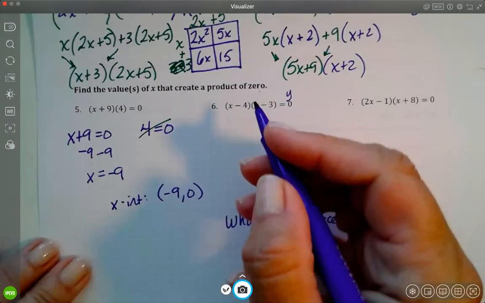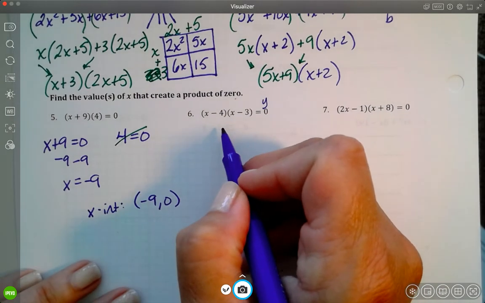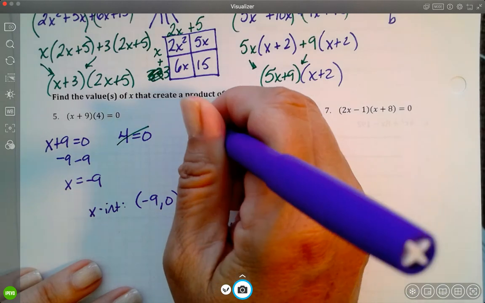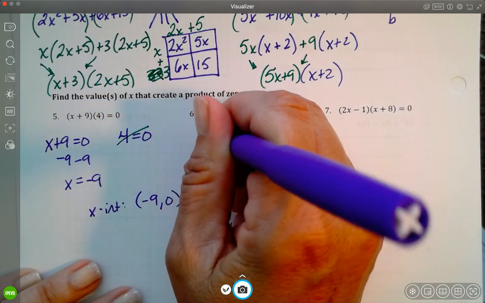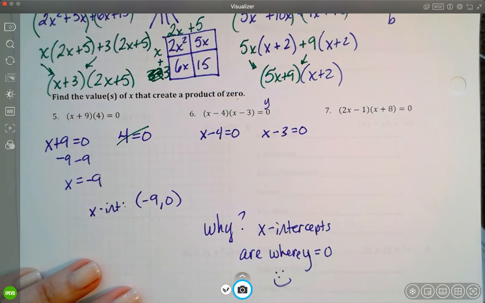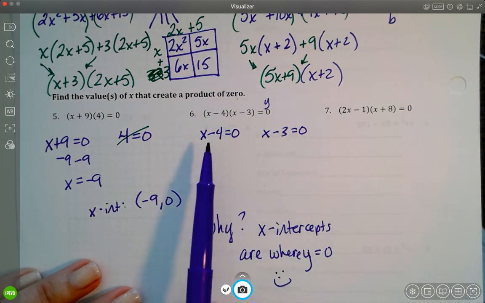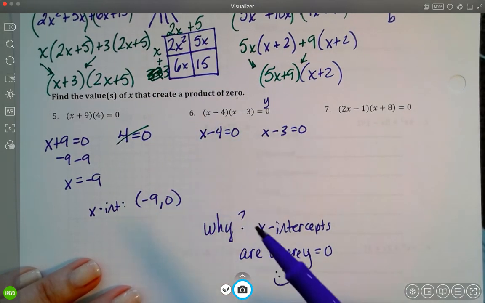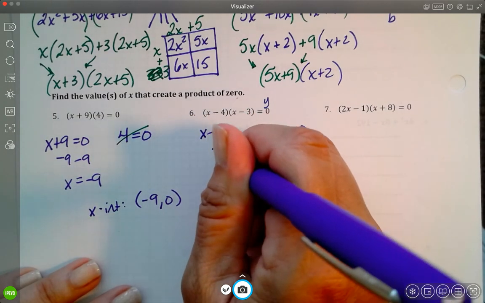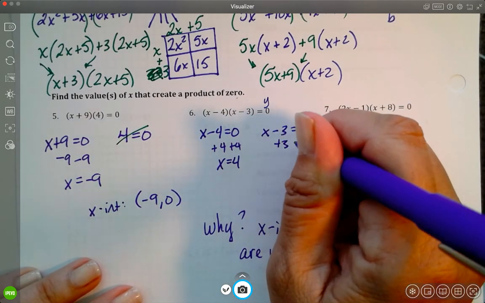Okay, over here, this factored form is either x minus 4 equals 0 or x minus 3 equals 0. That's what zero product property would say. That's the only way you can multiply 2 things to get to 0. So I have x equals 4 and I have x equals 3.